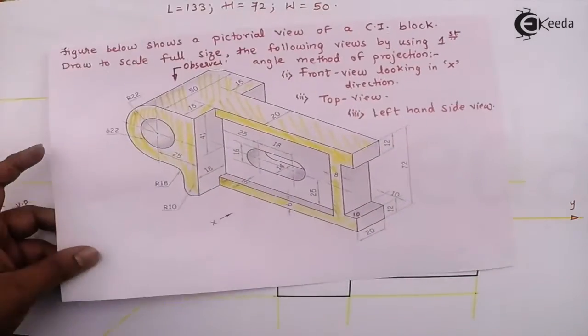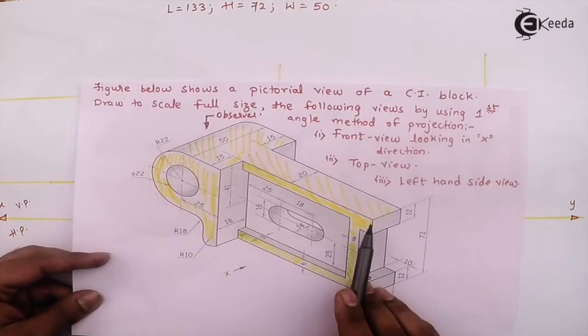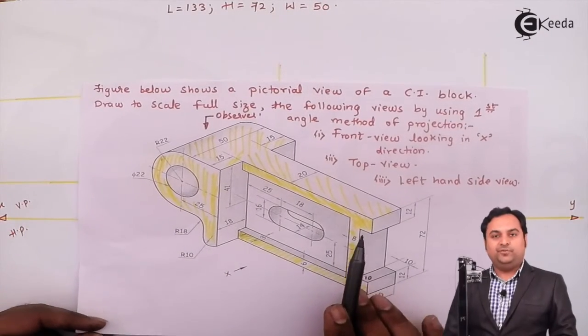So here I can say that only this much part is visible from the top, remaining things would be hidden.